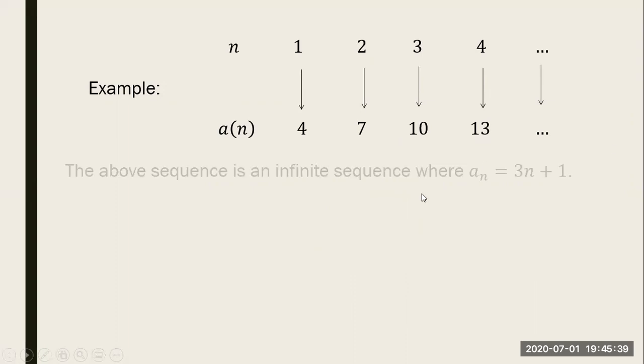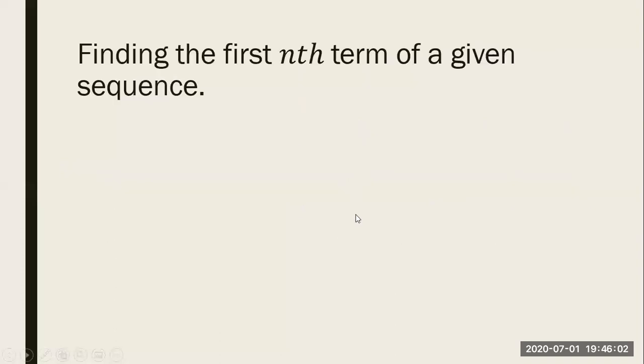So, kapag continuous siya, this is an example of an infinite sequence where a sub n, so define ang ating sequence ng a sub n is equal to 3n plus 1. Okay, so kaya natin kunin yung ikasampu na term gamit ang equation na ito. So later, malalaman natin paano kunin ang n term ng isang sequence.